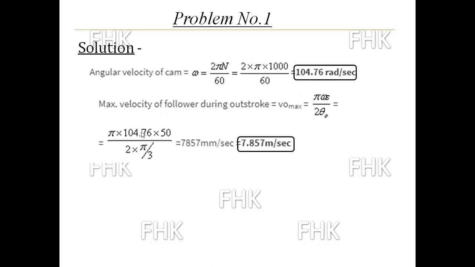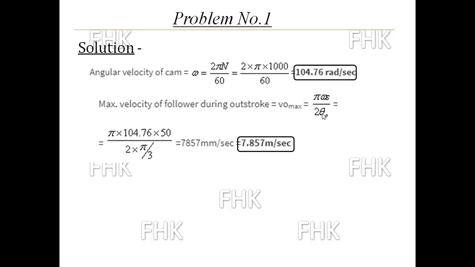Pi into omega, we have already calculated, 104.76, into s. The displacement stroke is given as 50 mm, which you have to convert into meters, 0.050, either after getting the answer or here also, divided by 2 into theta outward, given as 60 degrees.